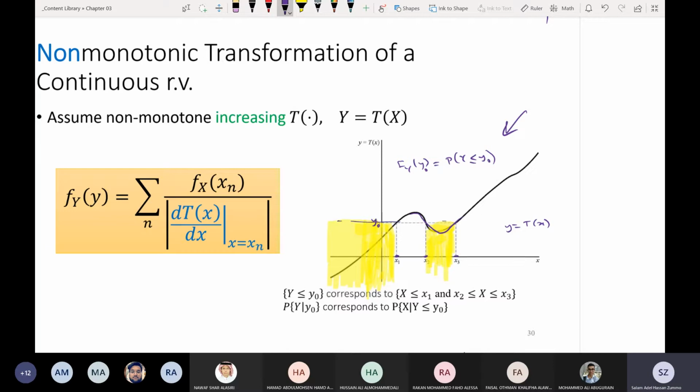Y is less than y0 when y takes values in this range. But when does y take values in this range? When x is less than x1 and when x is between x2 and x3.